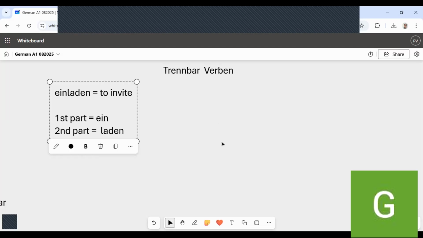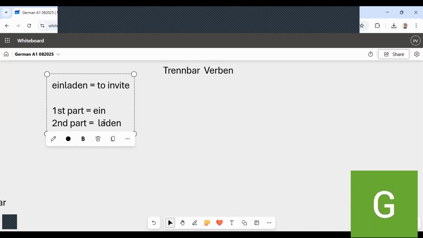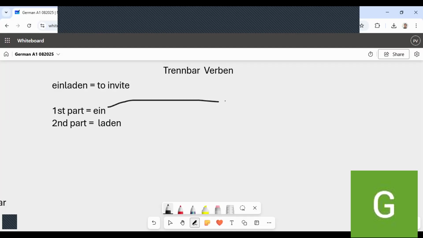When we are framing a sentence, we are only conjugating the second part, and the first part will come at the end of the sentence without conjugation.